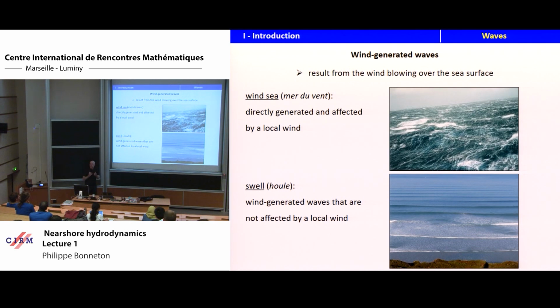So this dispersive effect reorganizes the waves because waves having the same wavelengths propagate at the same celerity. So far away from a storm region, the wave field reorganizes itself into a regular wave, like this one, named swell.